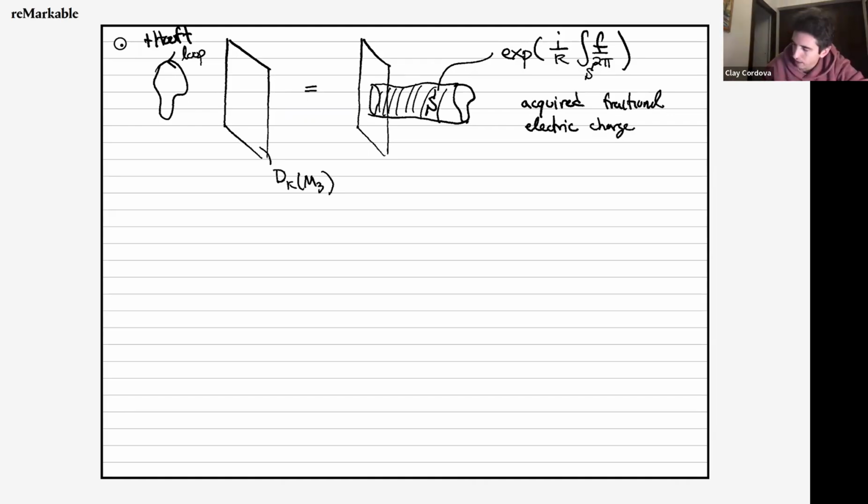You can think of this as a kind of version of the Witten effect. So this is, if you like, a kind of higher version of the order-disorder map in Kramers-Wannier duality.